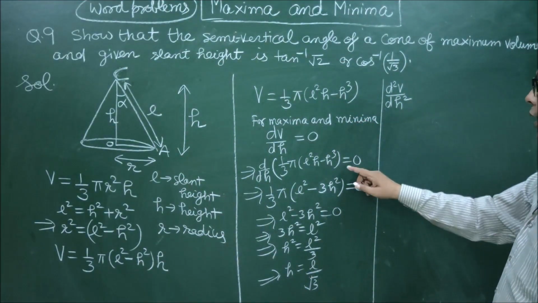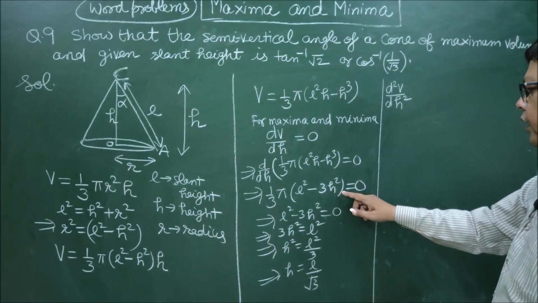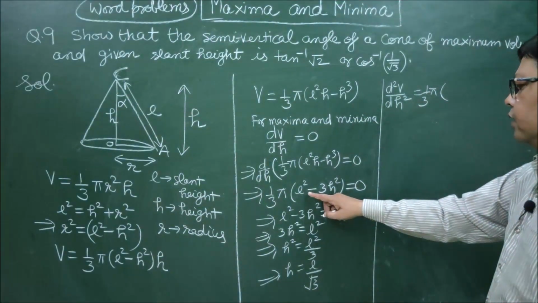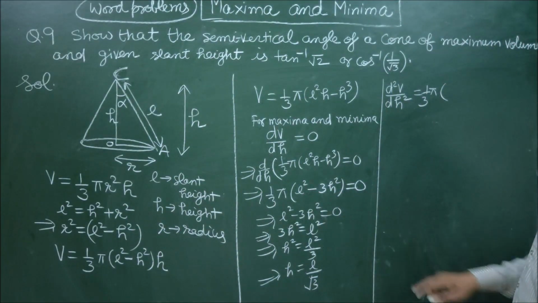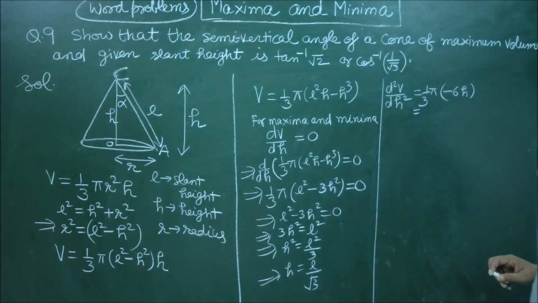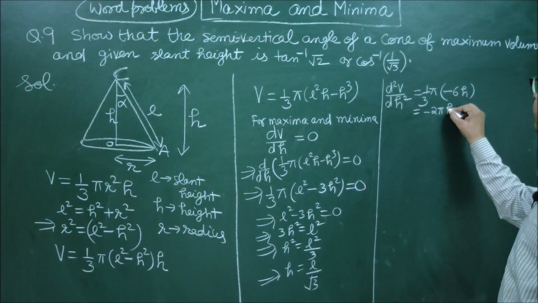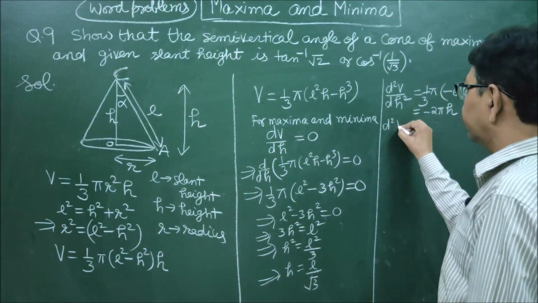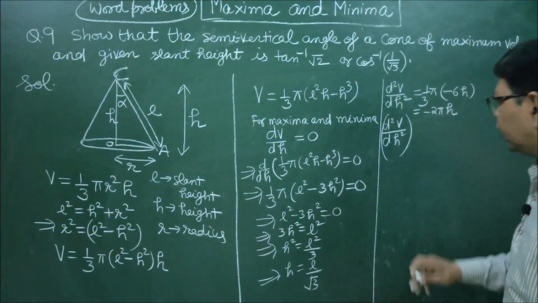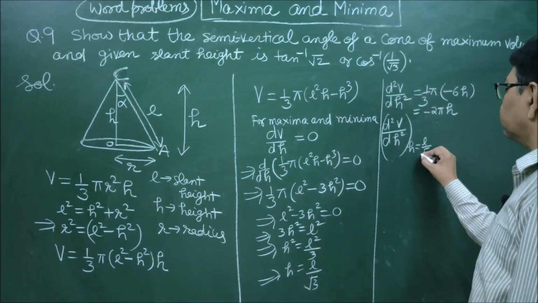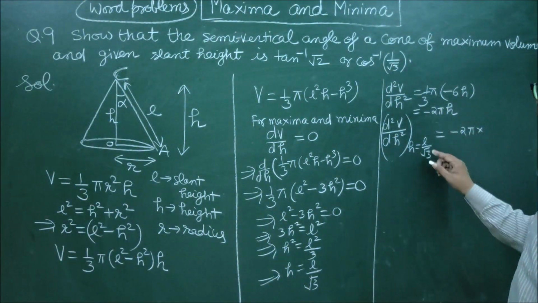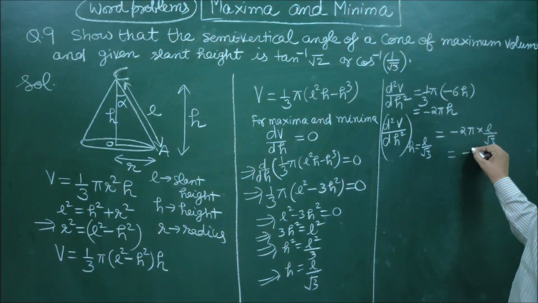If we differentiate it again, this is equal to 1 upon 3 pi, and the differentiation of L square is 0 because it is treated as a constant, minus 6H, which is equal to minus 2 pi H. Now finding its value when H is equal to L upon root 3, the value is minus 2 pi into L upon root 3, which is a negative quantity.